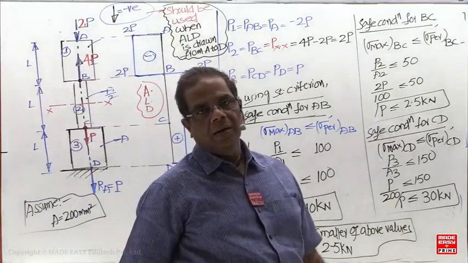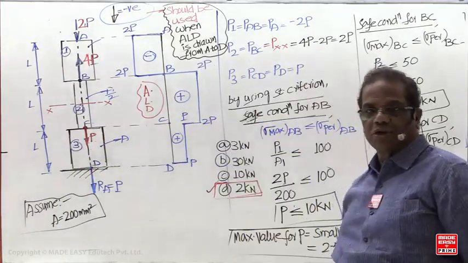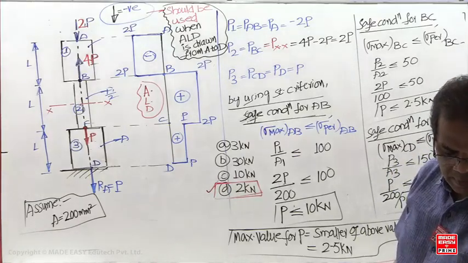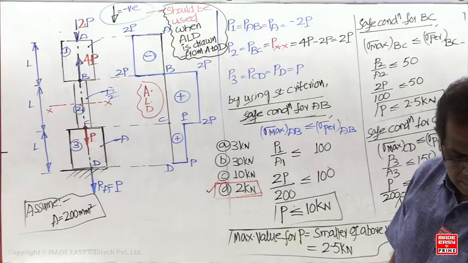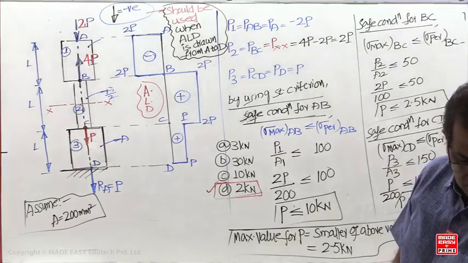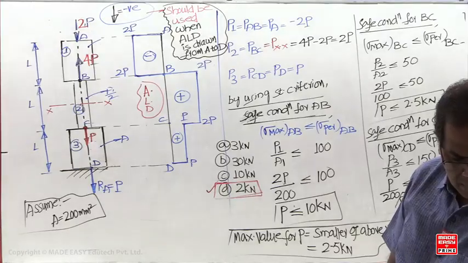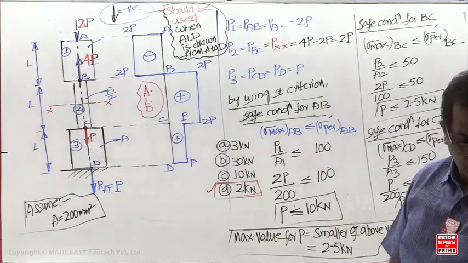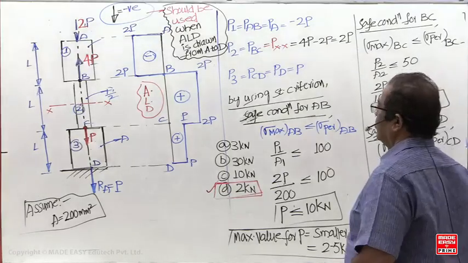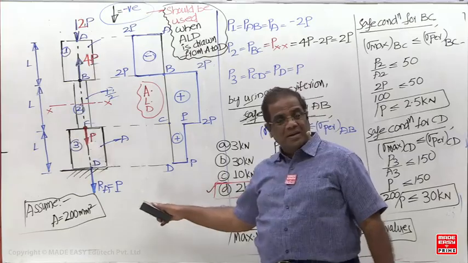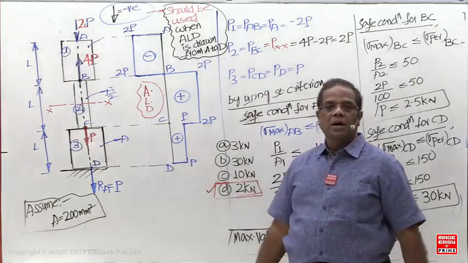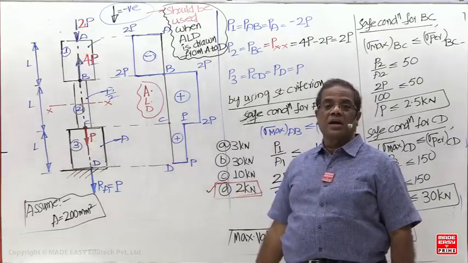Somebody can use the shortcut method also, you can use it. Now, the shortcut method you can also use. This may take slightly more time when compared, but the advantage is what now? We can cross check your calculations.